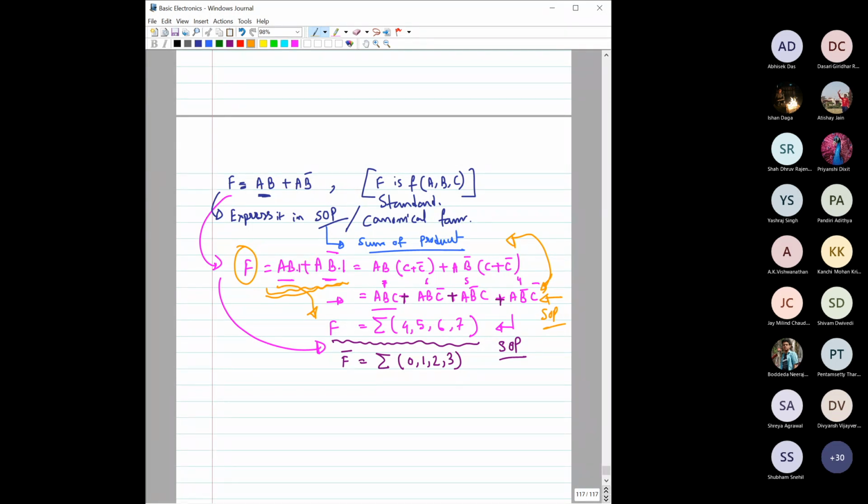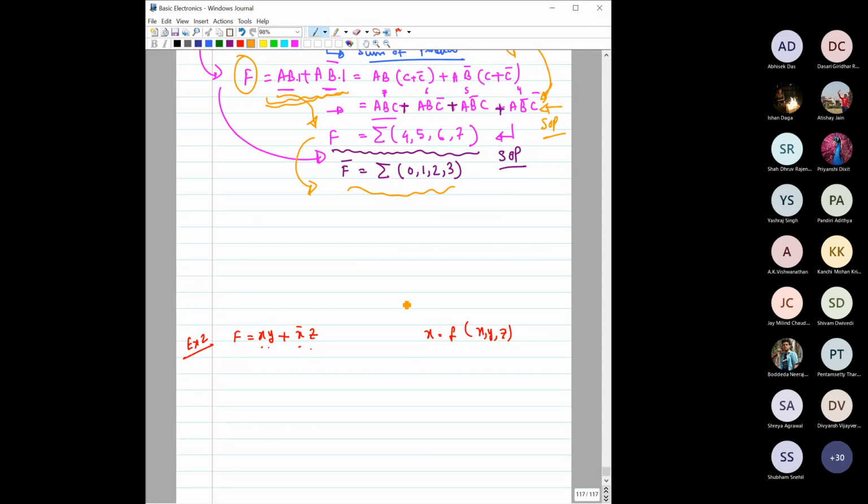For that, you can represent it in the standard form, and then easily find it from there. This type of representation will also help us when we implement some function with either NAND gate or NOR gate.